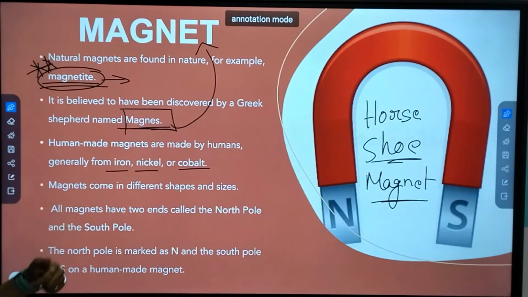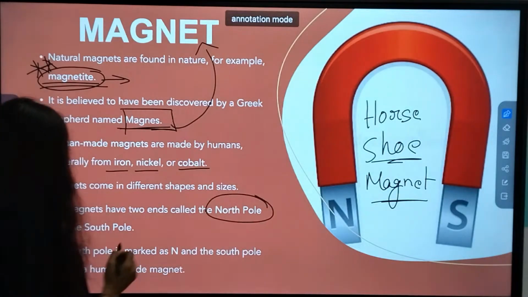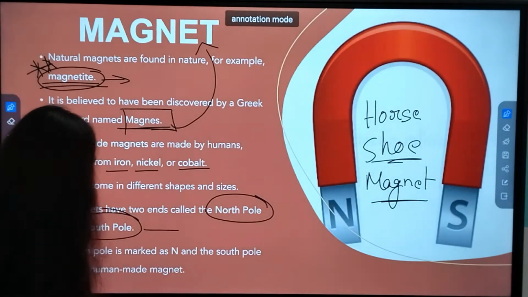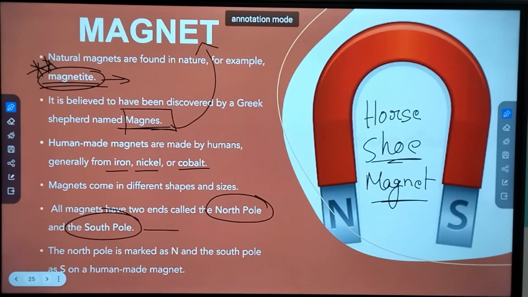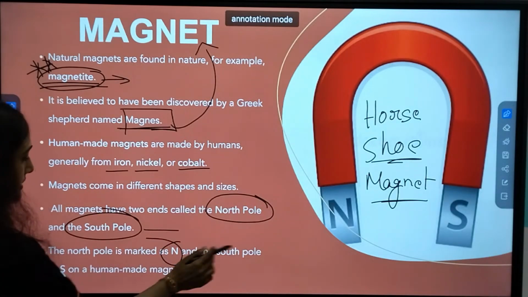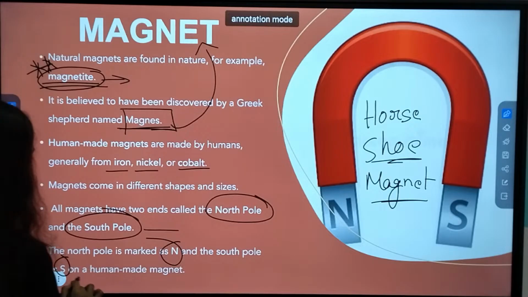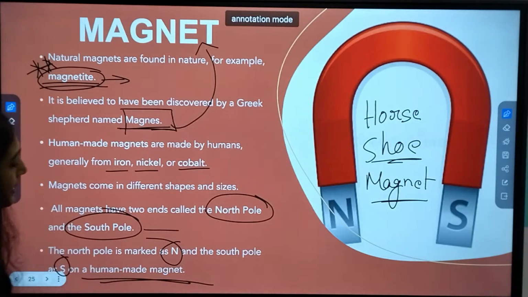All magnets have two ends, North Pole and South Pole. This I have already told you. The North Pole is marked as N, you have seen this, and the South Pole as S on a human-made magnet. Understood?